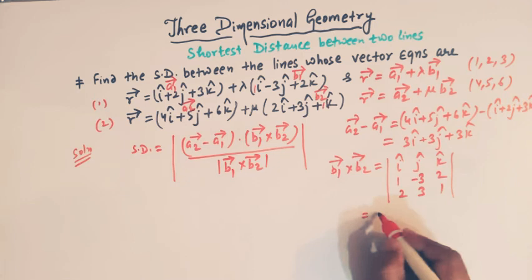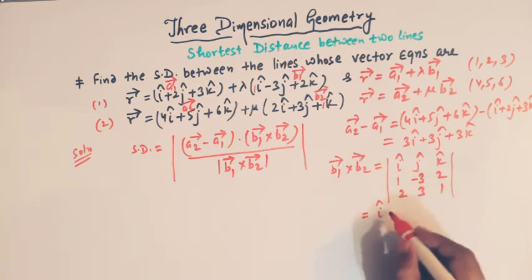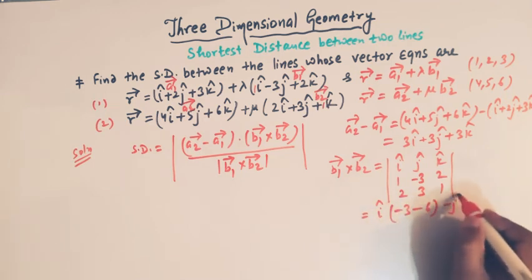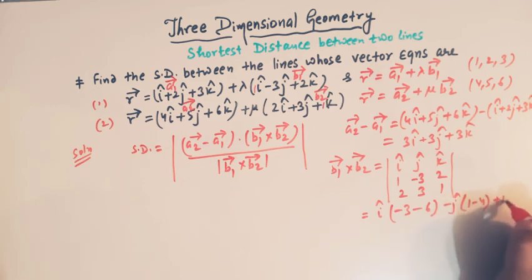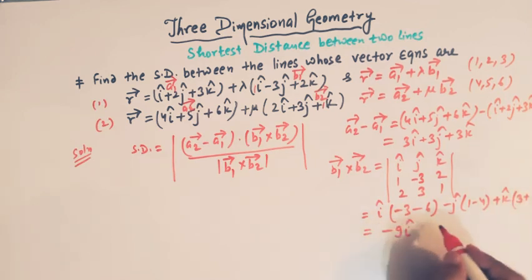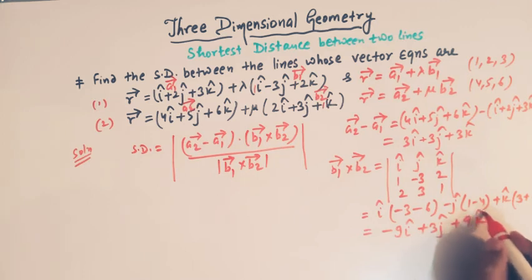Now if we expand this determinant, we get minus 3, minus 6 here, then we have minus j cap, we have 1 minus 4, then we have k cap, and here we have 3 plus 6, right? So this is minus 9i cap, this is plus 3j cap, and then we have 9k cap, right?